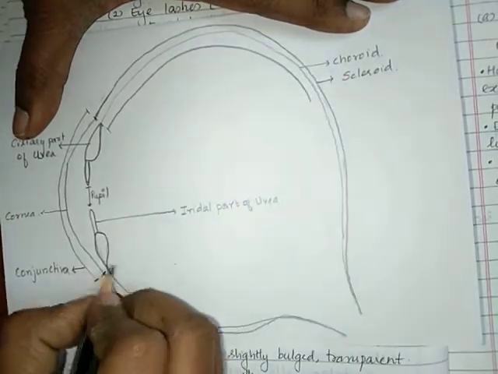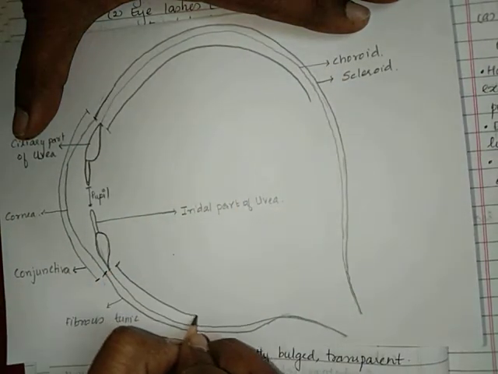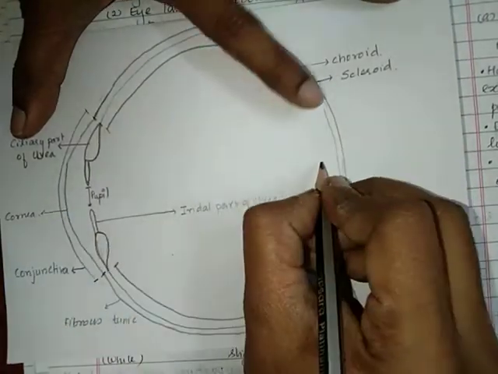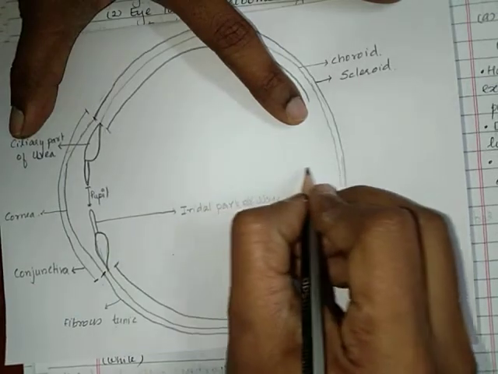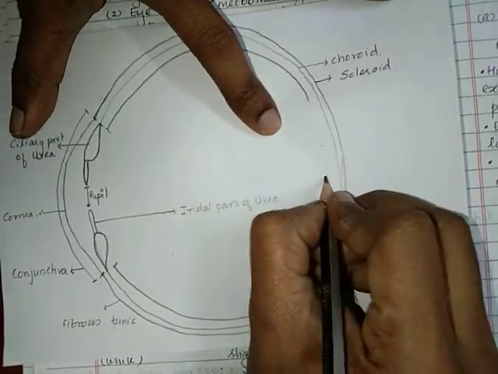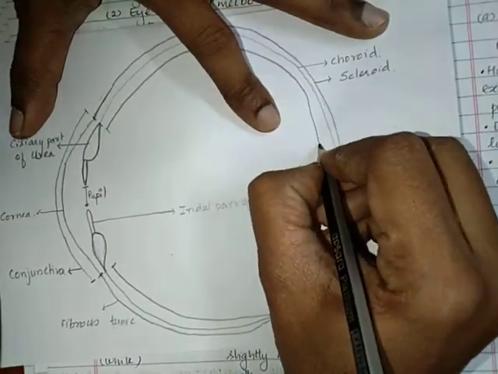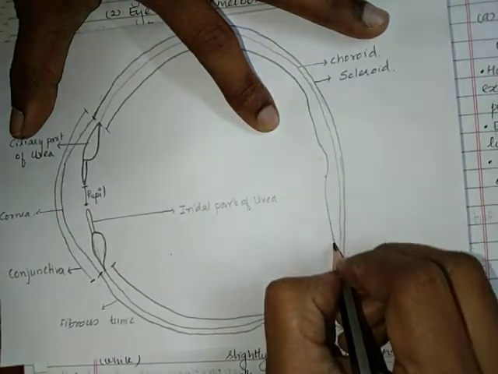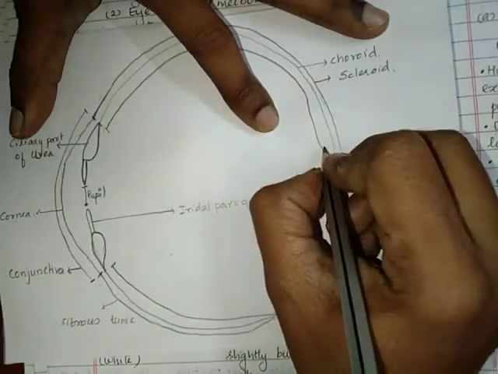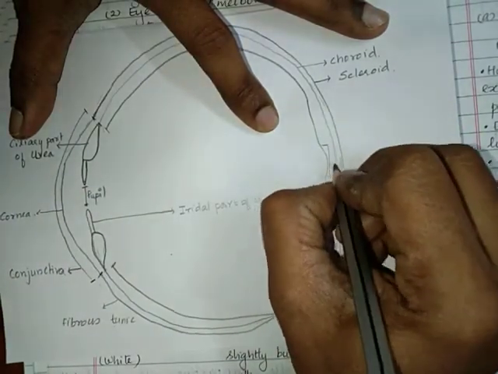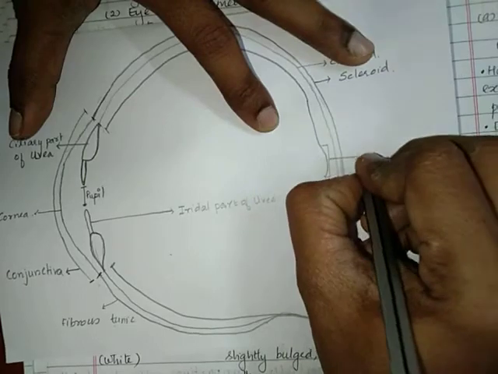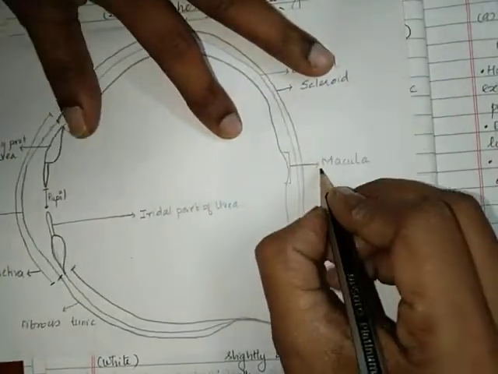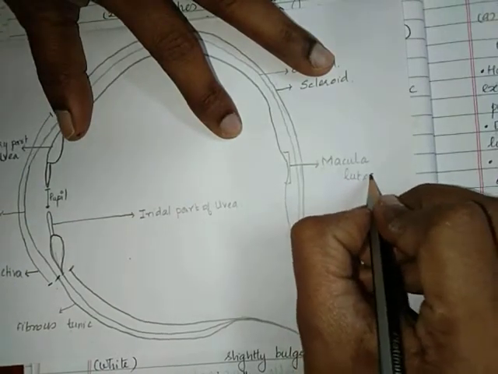So this is going to be the third layer, straight at the back of the pupil. From the pupil, if you view it straight, in this region the retinal layer will have a small depression. This depression is called macula lutea.